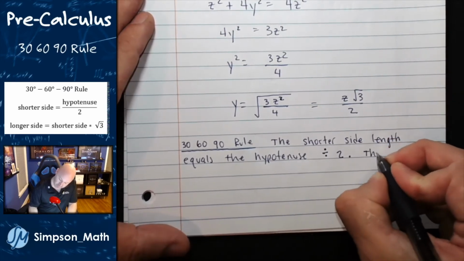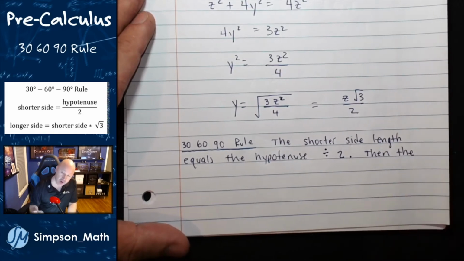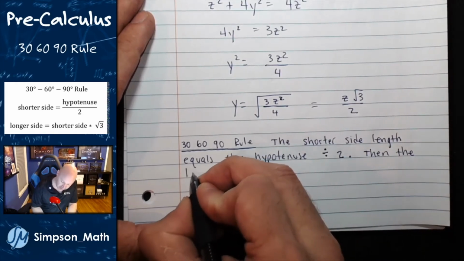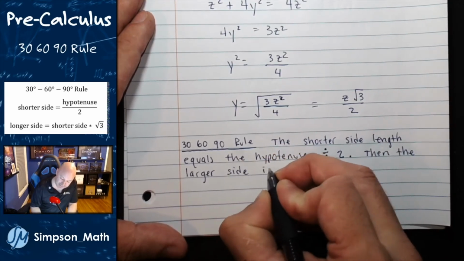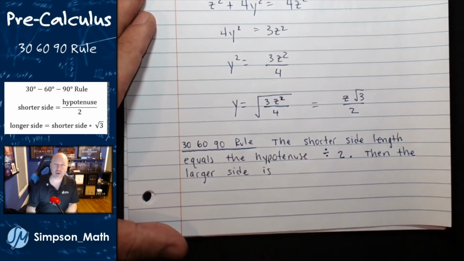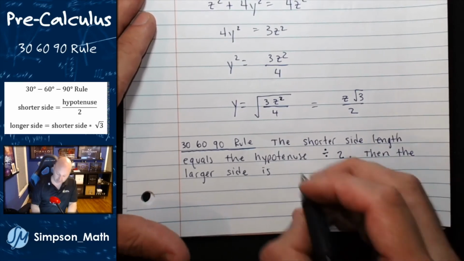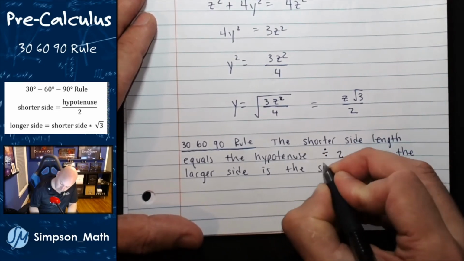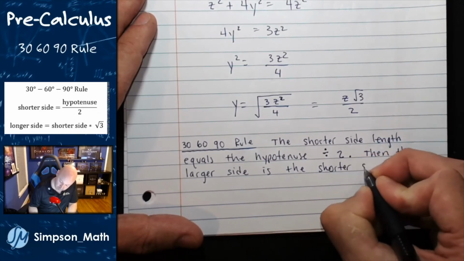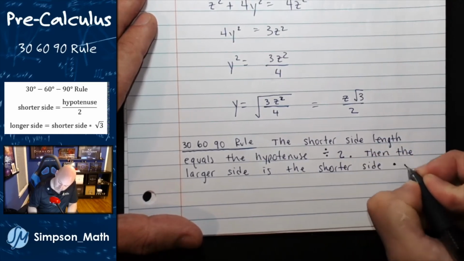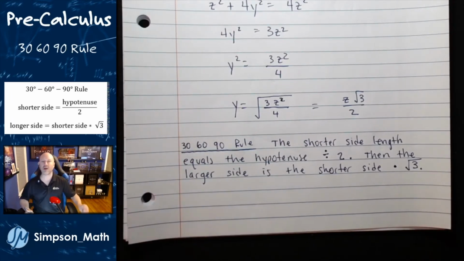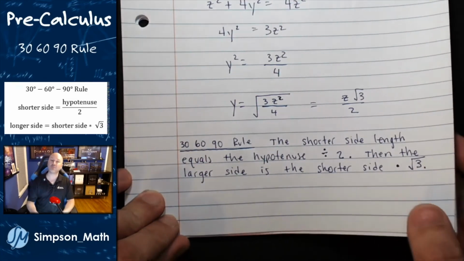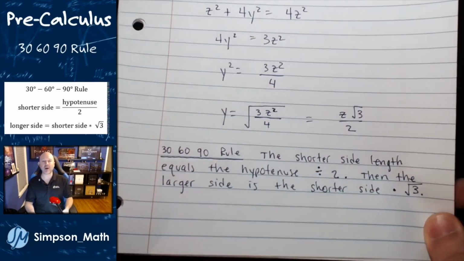Then the other side length, or the larger side length, is that value being multiplied by the square root of 3. All right, let's do some quick examples of just using these rules and maybe getting comfortable with them.